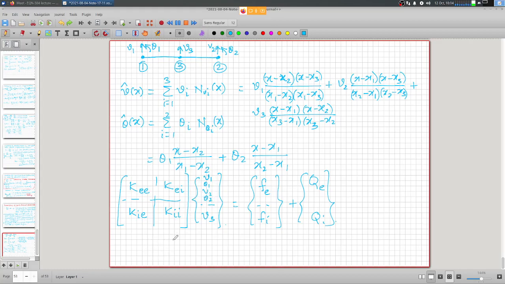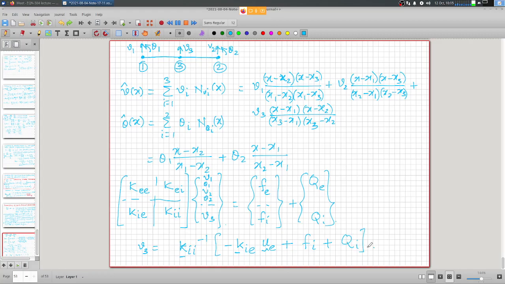I can write this as V3 is equal to minus KII inverse times minus KIE UE plus F I plus Q I.